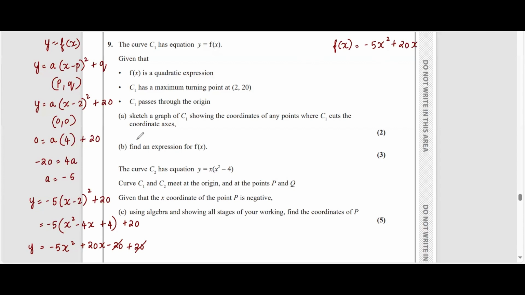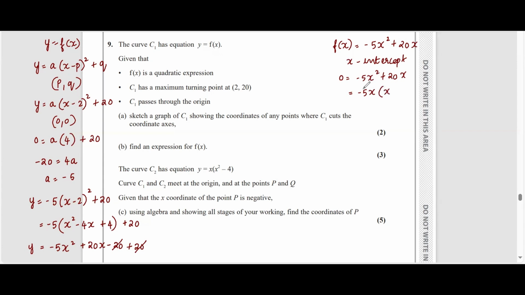Now, let's do the A part. B part is done. To sketch the graph, we need the x-intercept. How do we find the x-intercept? We keep y as 0. So 0 is equal to minus 5x square plus 20x. We can see that minus 5x is common here.